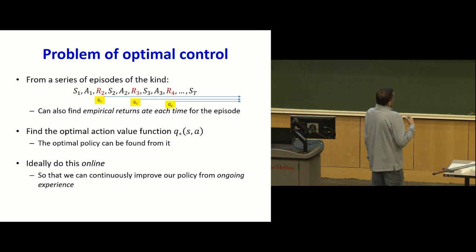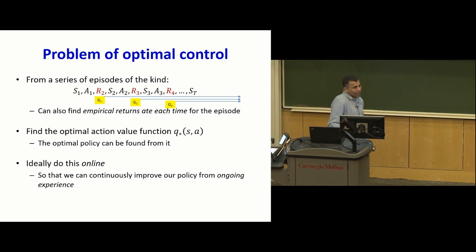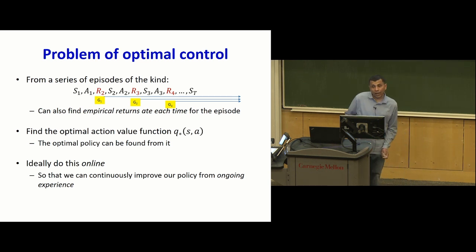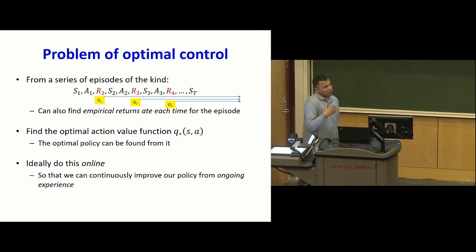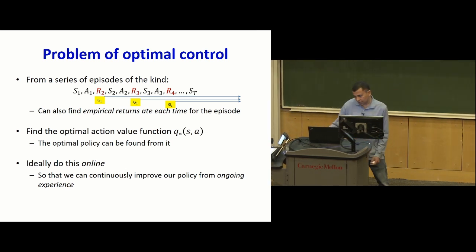And ideally, we must do this online, which means we never want to be at a loss for what this value is. We're going to have some estimate, and as we keep experiencing life, you don't wait until you die before you decide how good being at any place was. You keep updating your estimate for the values of the states and state actions as you go through the episodes.